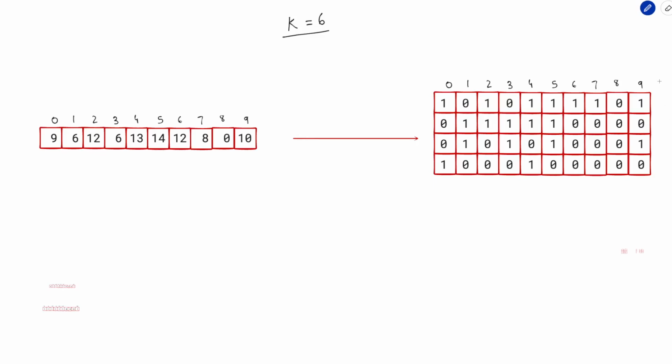Now you have these multiple arrays of ones and zeros, so this denotes 2 power 3, right? This denotes 2 power 2, this denotes 2 power 1, and this denotes 2 power 0. So we already know how to solve when only 2 power 0 is there, right? So all of these problems are identical in themselves.